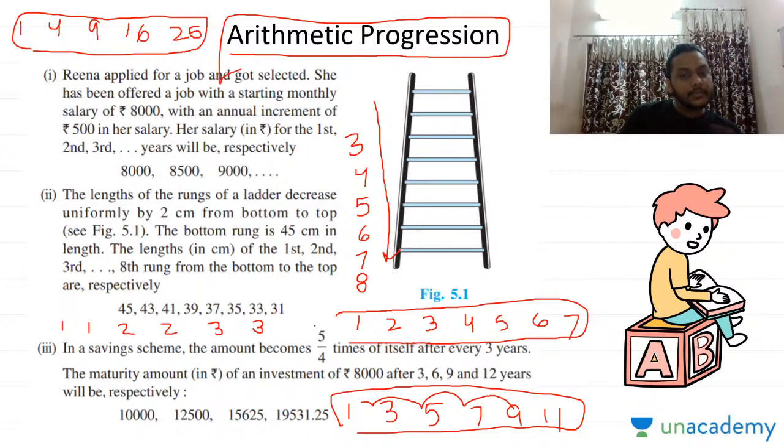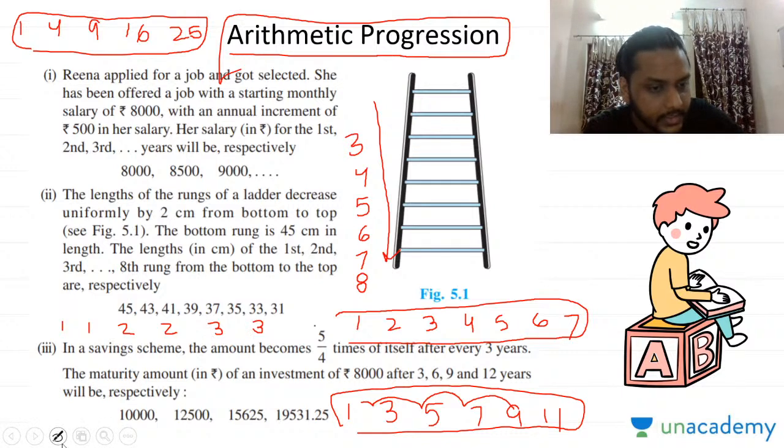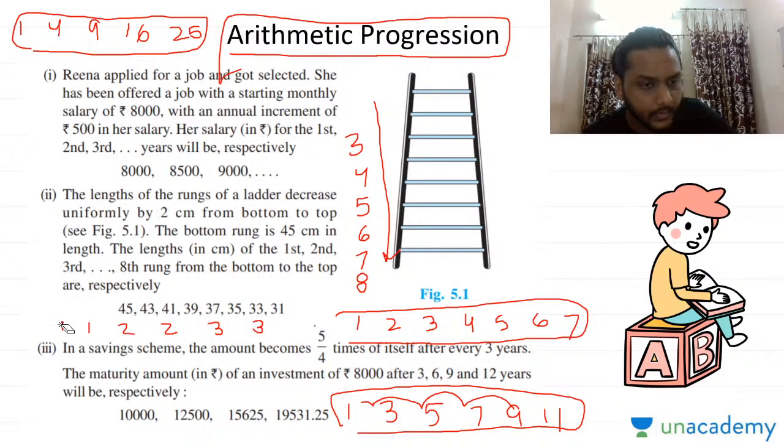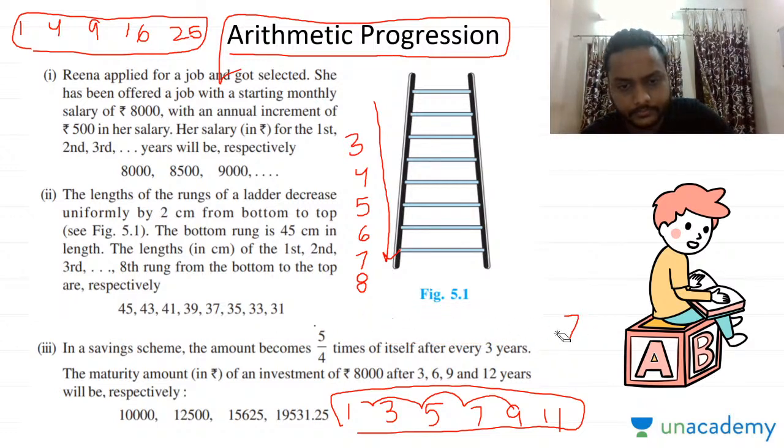Then what is the difference between these sequences, guys? Now I am removing all the sequences from here and I will keep only two sequences. I'm removing this one, I'm removing this one, I'm removing this one.